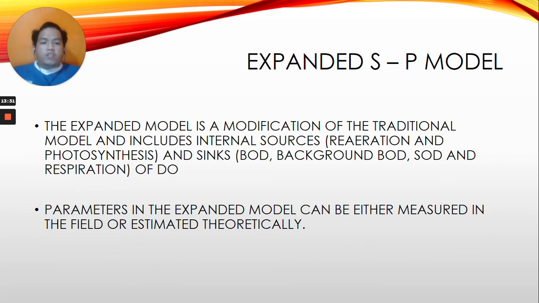This is a modification of the traditional model and includes internal sources such as reaeration and photosynthesis, and sinks: BOD, biochemical oxygen demand, background BOD, SOD, and respiration of the DO, or the dissolved oxygen. Parameters in the expanded model can be either measured in the field or estimated theoretically. So that is how they solved it.